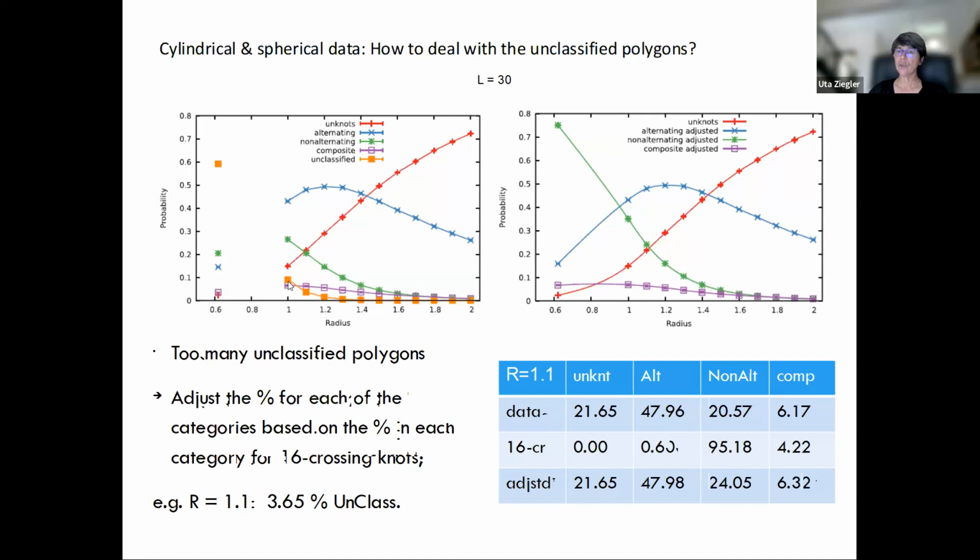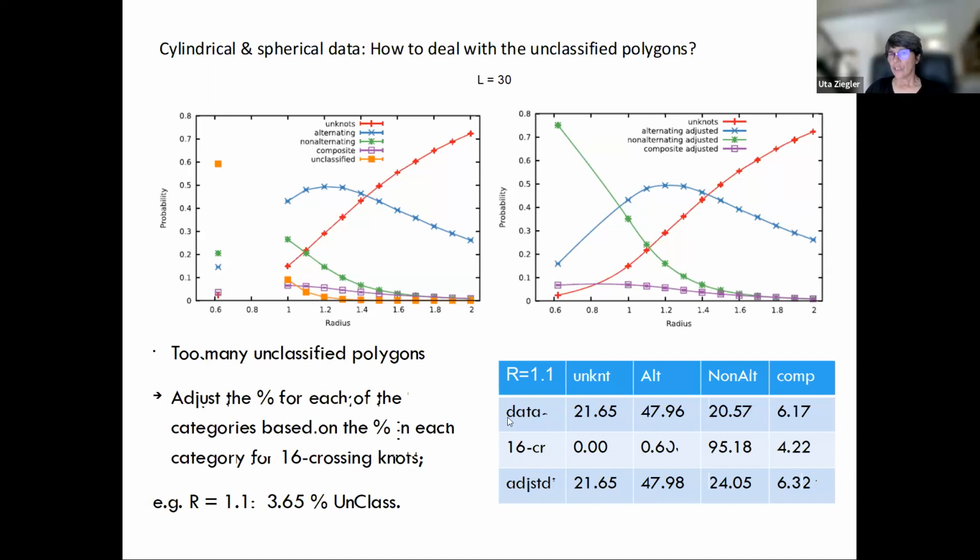And so what we decided to do is we take these unclassified polygons, and we assume that the vast majority of them have a crossing number larger than 16, otherwise we could have classified them. And then we distribute the unclassified polygons among the alternating, non-alternating, and composite knots based on the ratio of what the 16 crossing knots had.